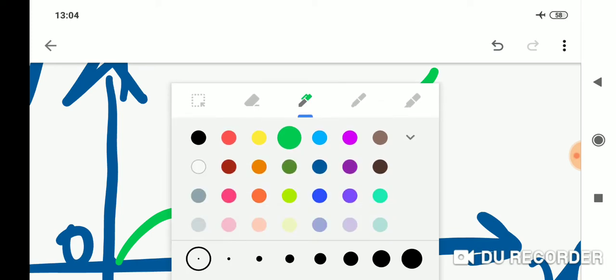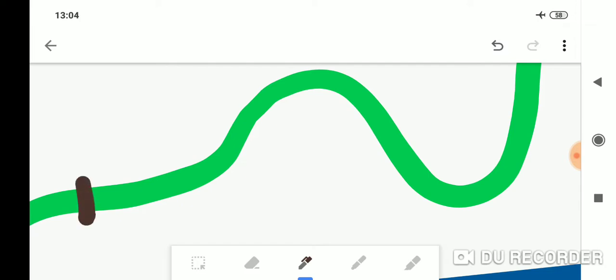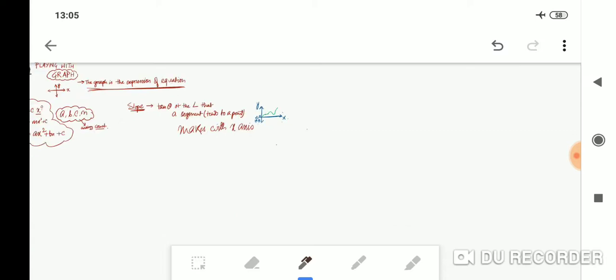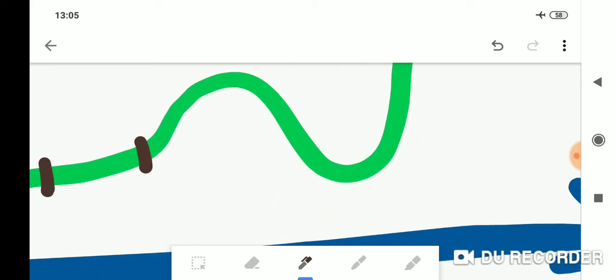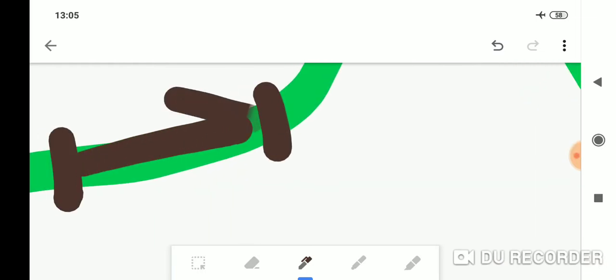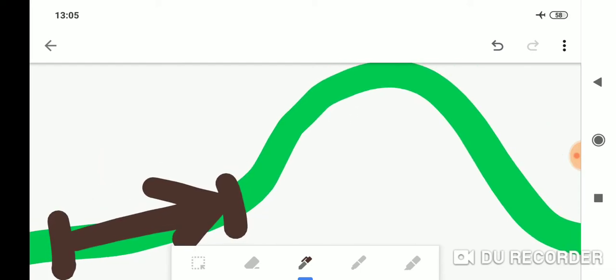So we'll be discussing the slope. Let's talk about the slope of this small segment. See, it appears to be a point when we decrease the resolution, but actually this is a segment that shows the direction at that particular small segment.